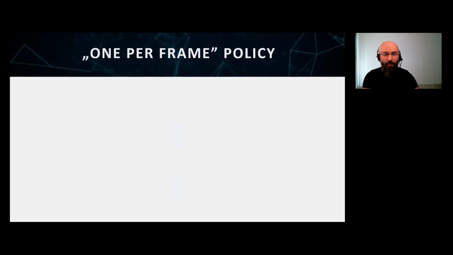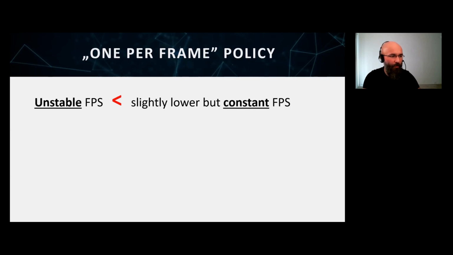This is also connected to the same problem and solutions. I call it the one per frame policy. It comes from the fact that everything I was talking about with optimization and physics was trying to avoid unstable frame time.